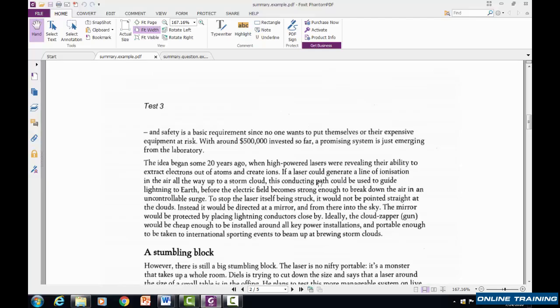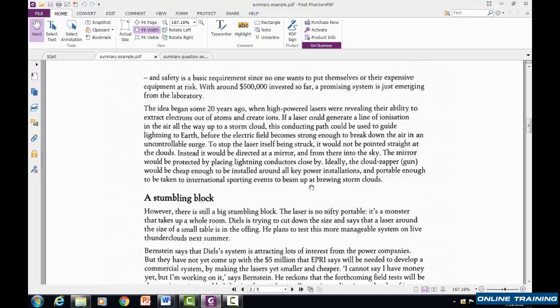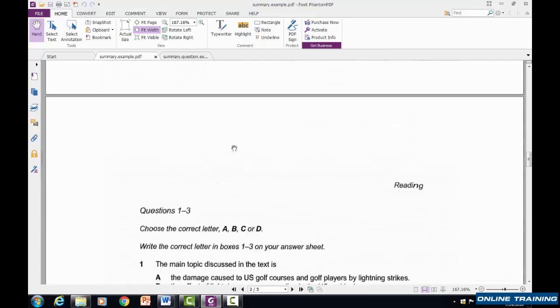All right. Well, here it is right here. To stop the laser itself being struck, it would not be pointed straight at the clouds. Let's see.